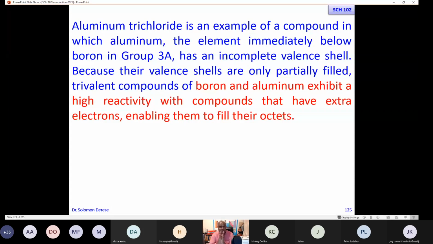So the first type of exception to the octet rule is elements that have an incomplete octet of electrons. They will have an incomplete octet because there are not enough electrons to be distributed among the elements involved in chemical bonding to have an octet of electrons.